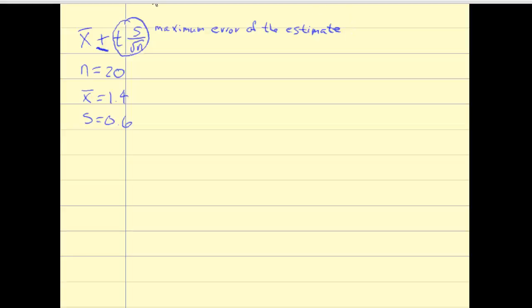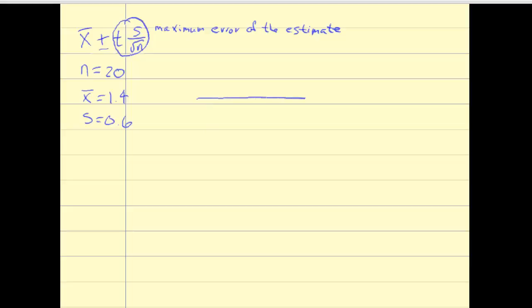We're going to calculate this maximum error of the estimate, add it to x bar, and then subtract it from x bar. That'll give us two interval endpoints.